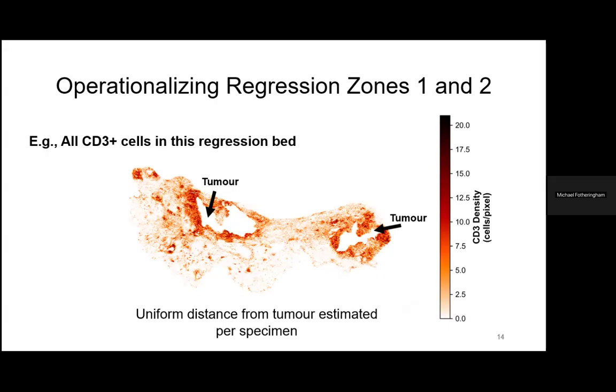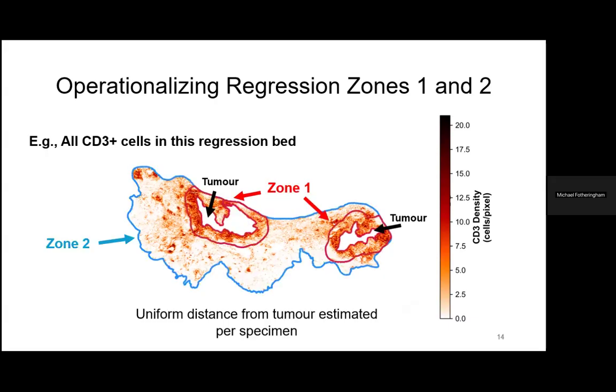So what this inspired me to do was draw a barrier around the CD3 high density zone, which we call zone 1, and everything outside that zone we call zone 2. Any questions? Would anybody do it better?